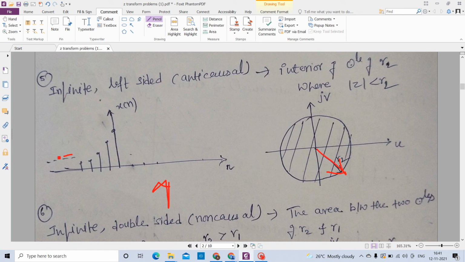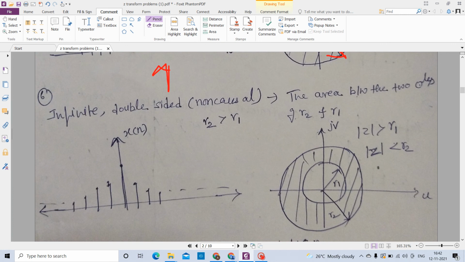The mathematical representation is the magnitude of z is less than r2. It means the region of convergence occupies the inside of the circle of radius r2. If it is greater than, it occupies the exterior of the circle.